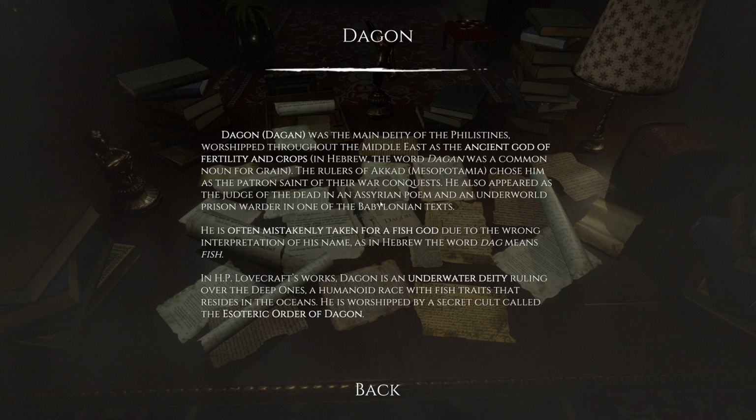He is often mistakenly taken for a fish god due to the wrong interpretation of his name, as in Hebrew the word Dag means fish. In H.P. Lovecraft's works, Dagon is an underwater deity ruling over the deep ones, a humanoid race with fish traits that resides in the oceans. He is worshipped by a secret cult called the Esoteric Order of Dagon.